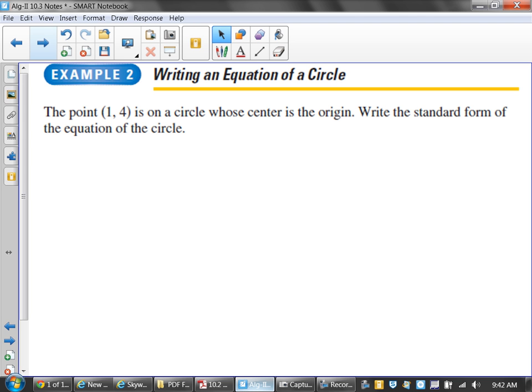So what we do here is visualize what you're doing. Here's your origin, and there's the point on the circle. I need to figure out what the radius is.